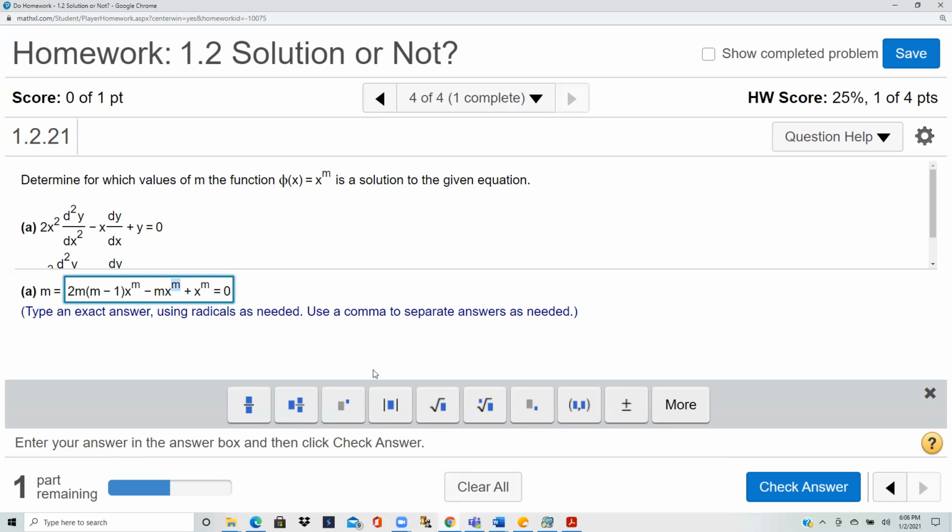So if you factor out an x to the power m, let's see what we get. X to the power m is factored. I am left with, so here I can distribute the 2m with the m minus 1, so I get 2m squared minus 2m.